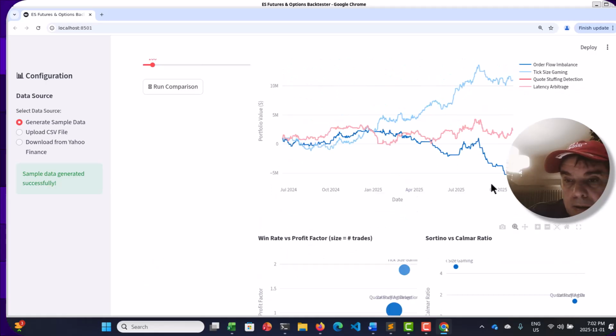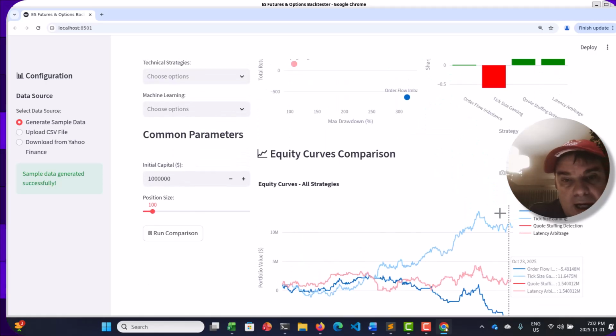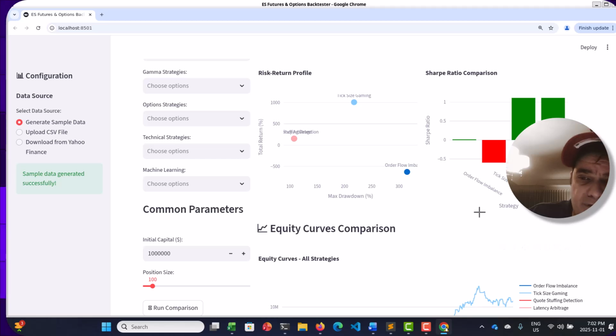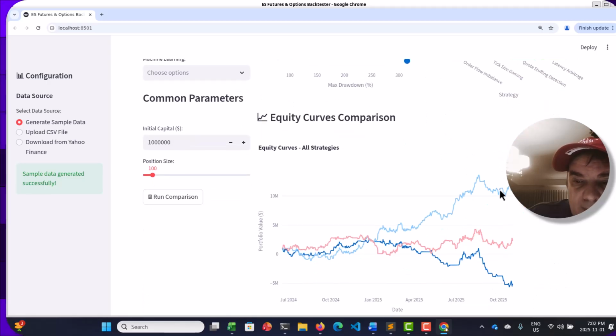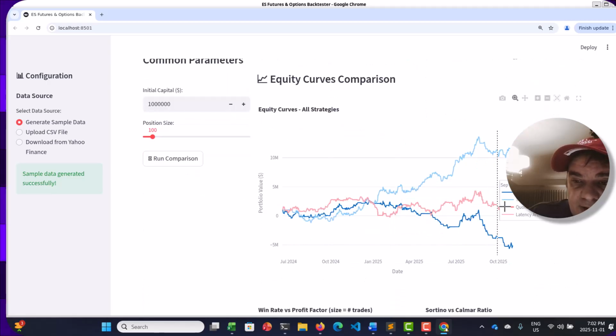Okay, so that's the overall equity curve. But here we have a lot of risk with the drawdown. That might not be the best. Here we've got quote stuffing. We'd still be up pretty good. We would double our money.